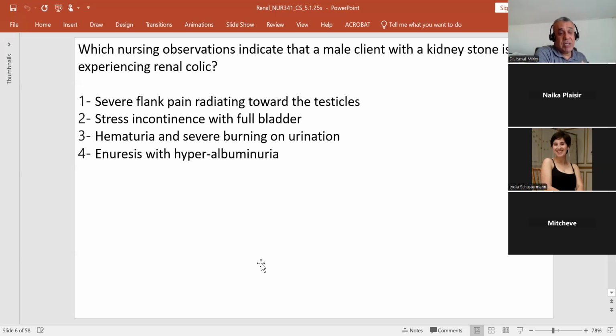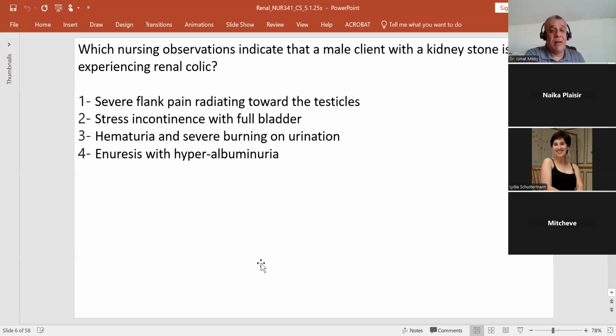They feel that they want to go to the bathroom, but nothing comes out. And sometimes hematuria, especially when the stone is moving and hits the mucous membranes, resulting in blood mixed with urine.